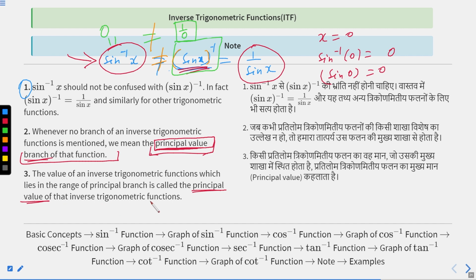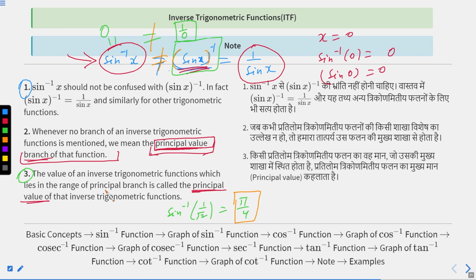I hope that it is clear to you. So the point 3, what it says, the value of an inverse trigonometric function. If you try to find this value, what you will get is pi by 4, which lies in the range of the principal branch.